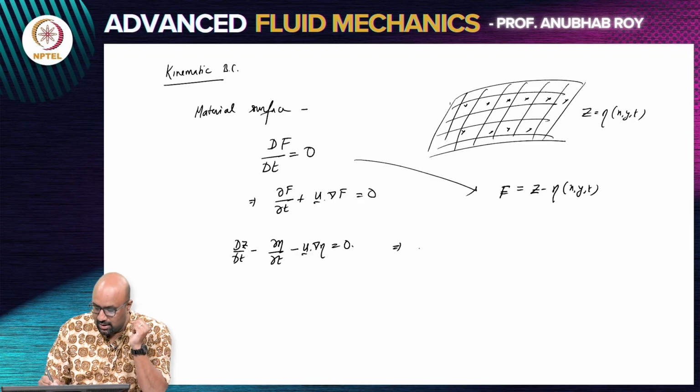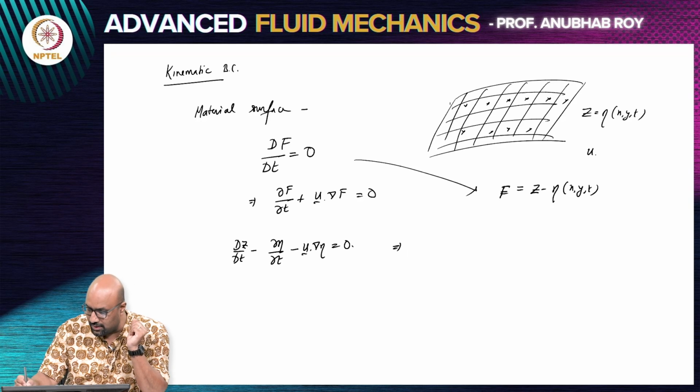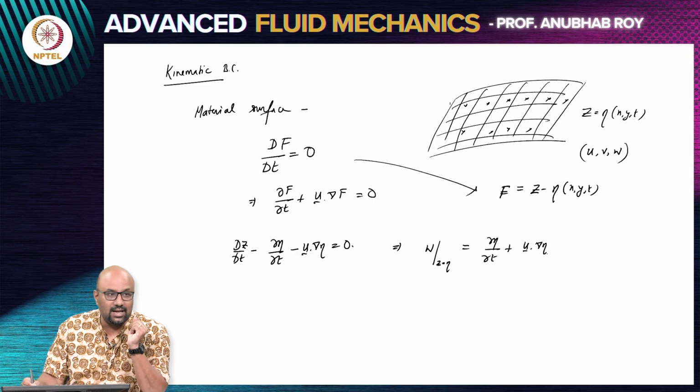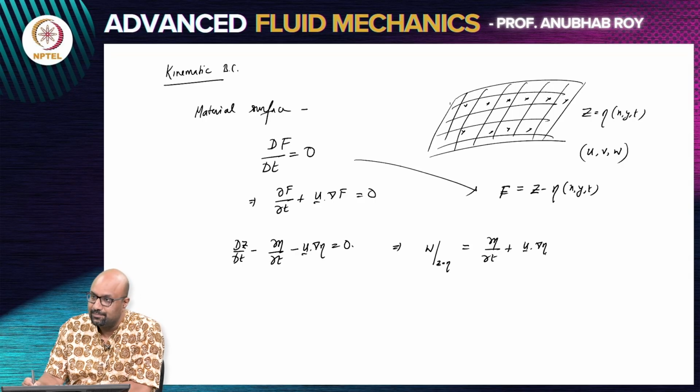The first term gives me the vertical velocity at the interface. So if I say my velocity components are, I've been using u, v, w, so let me just use u, v, w. The vertical velocity at z equals eta is ∂eta/∂t plus u dot del eta, evaluated at the interface.